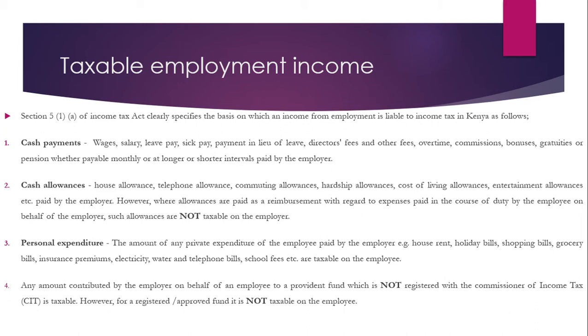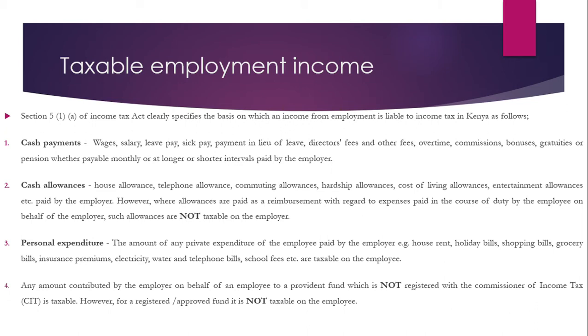Section 5 subsection 1 subsection A of the Income Tax Act clearly specifies the basis on which income from employment is liable to income tax in Kenya as follows. 1.